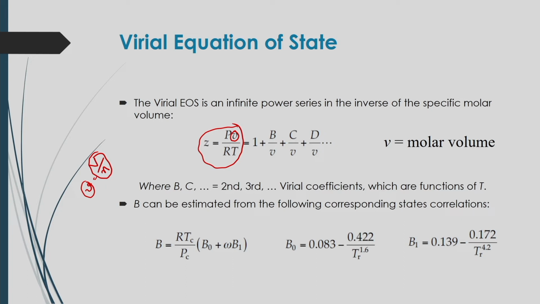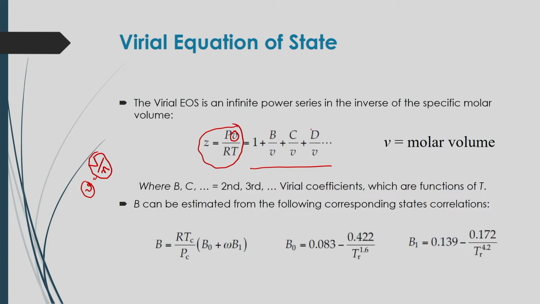It can be represented by 1 plus B by V plus C by V squared plus D by V cubed, where B, C, D are all coefficients. Those coefficients are called virial coefficients, and these virial coefficients actually depend on the temperature of that particular system.